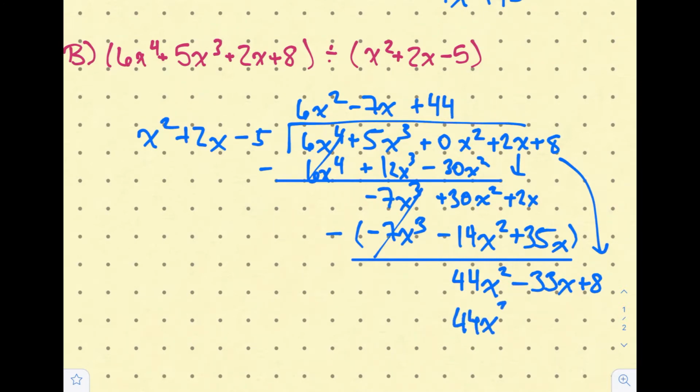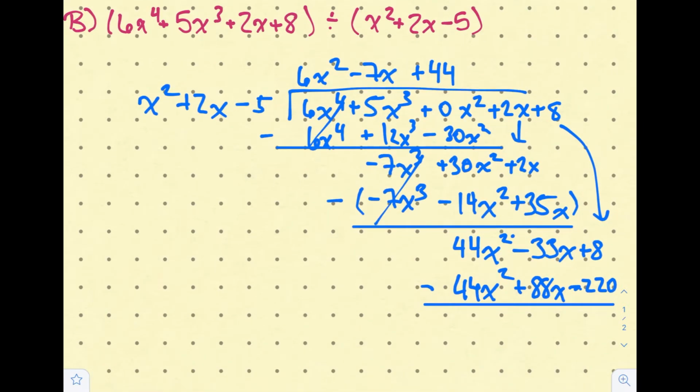We'll multiply our entire divisor by 44, and subtract down. 44x squared minus 44x squared is 0. Those should always cancel. Negative 33x minus 88x is negative 121x. 8 minus negative 220 is plus 228.